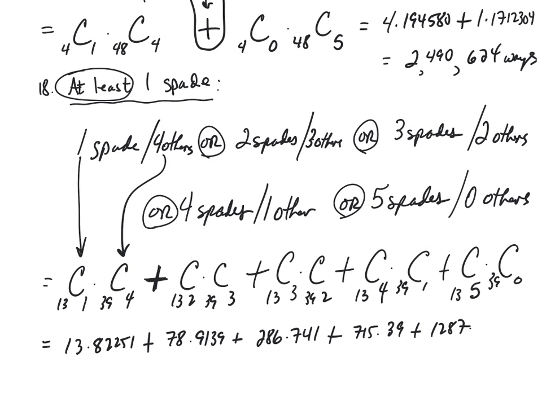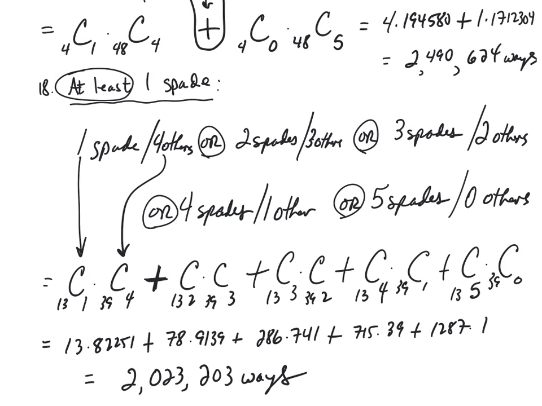And 39C0 is 1. So I need to multiply all of these pairs of numbers together and then add the results. And when I do all of that math, you guys feel free to double check me. I punched out 2,023,203 ways in which we could pick at least one spade.